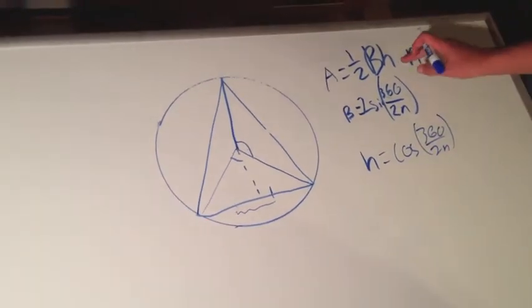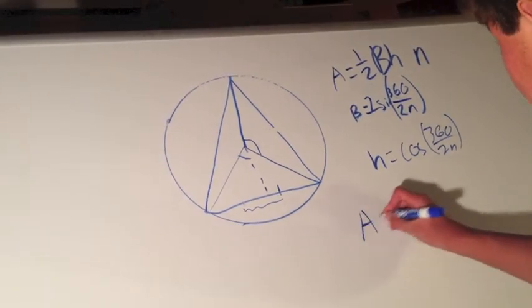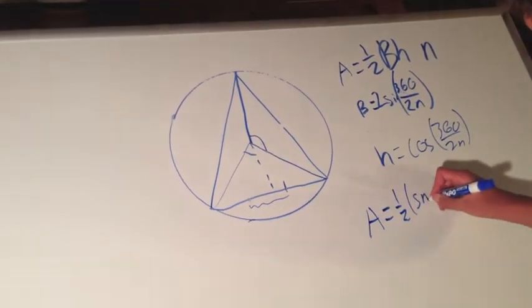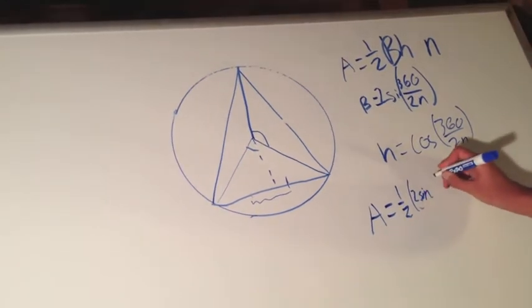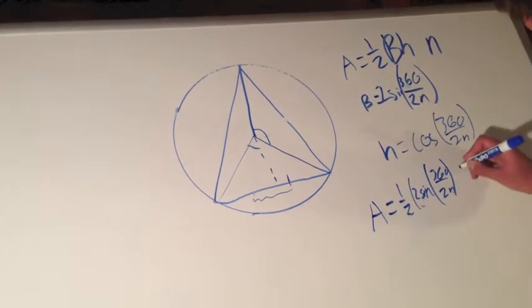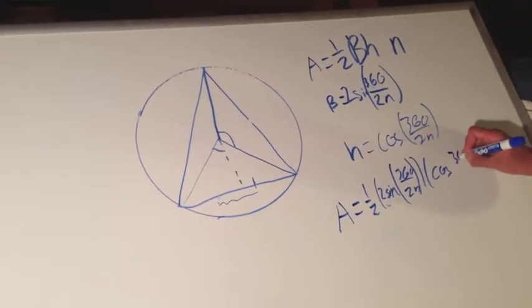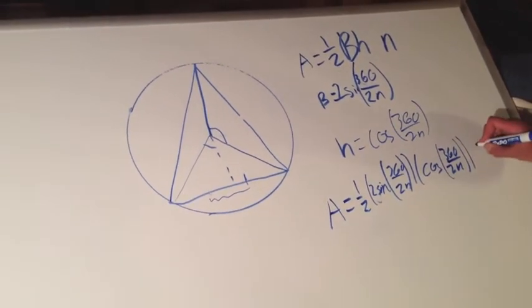So we can plug all of these back into our original equation, and we will get something like A equals 1/2 times 2 sine of 360 over 2n, times cosine of 360 over 2n, times n.